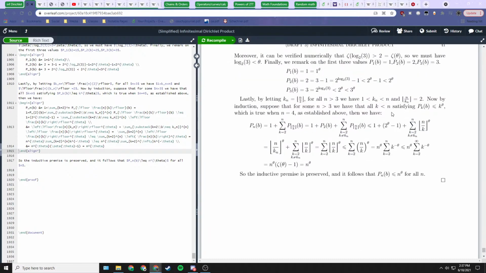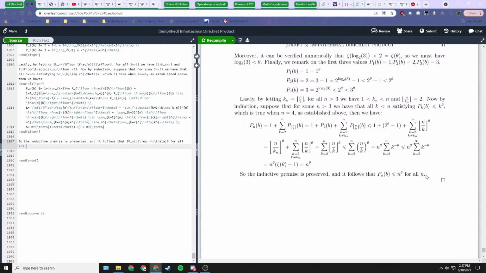And remember, our inductive premise was, suppose that by strong induction, p sub k of b is less than or equal to k power theta. And now we have this is true for n as well. So the induction follows for all n. Since we have capital theta of the sequence of n power theta, lowercase theta, in terms of n, this is just theta.